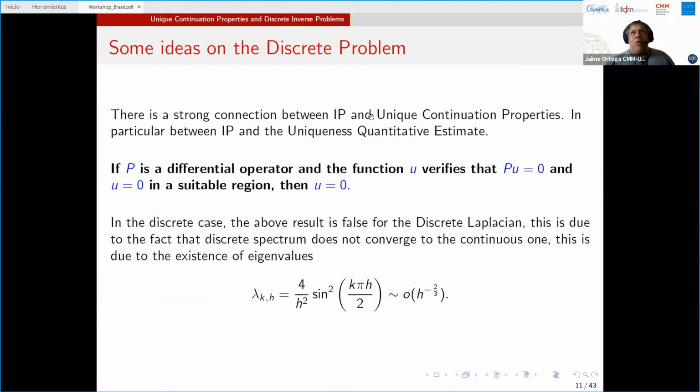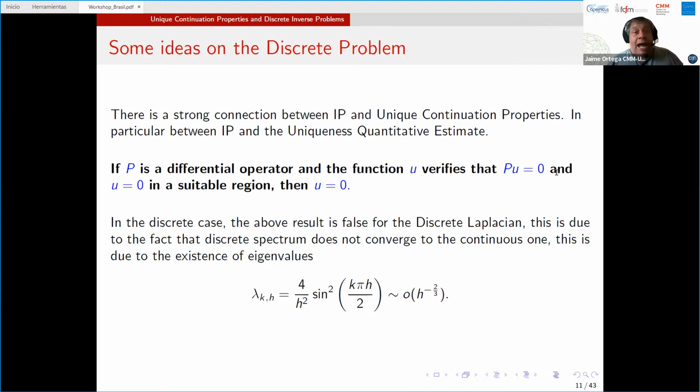Okay? Well, what is a unique continuation property? This is the first thing. We can consider P a differential operator. You can think it's the Laplacian. And you have then an equation Pu equals 0. That means Laplacian of u equals 0. And you ask, what happens if u is equal to 0 in some part of the domain?